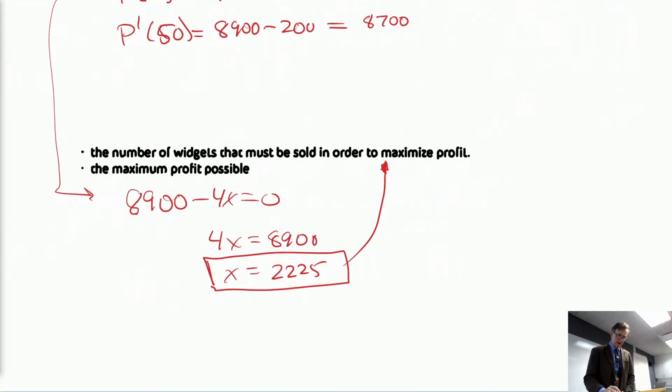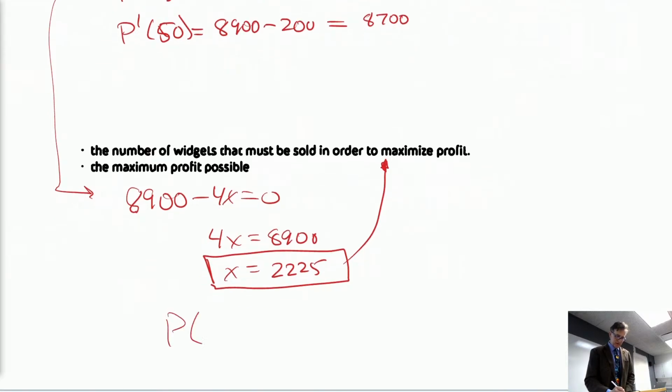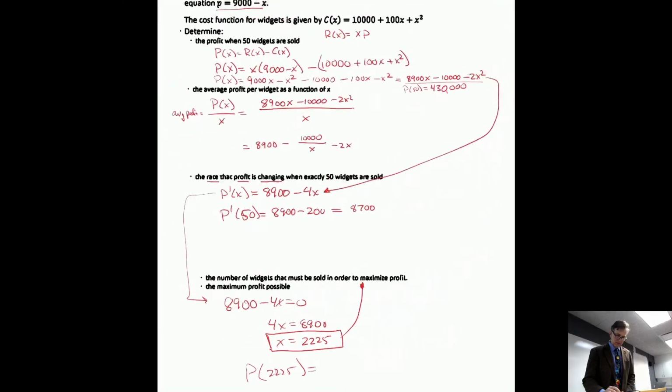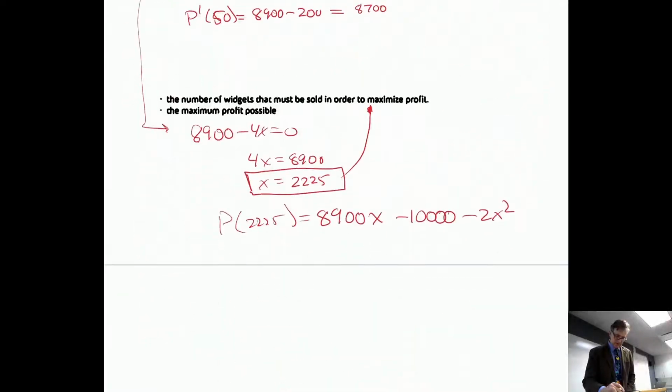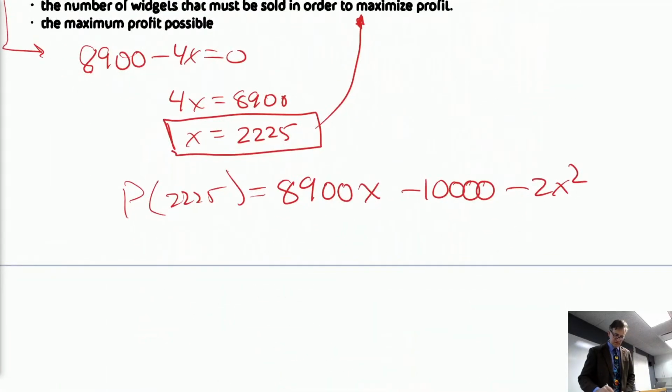But the maximum profit will be P of 2225. And here I'm going to have to actually do this. 8,900x minus 10,000 minus 2x squared. Yep, that's the profit. Let's do P of 2225 now.